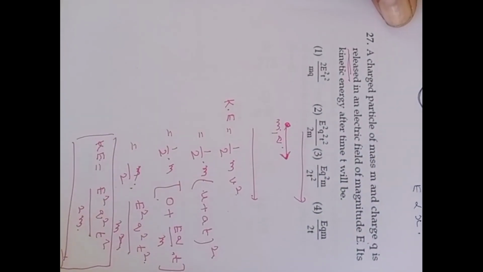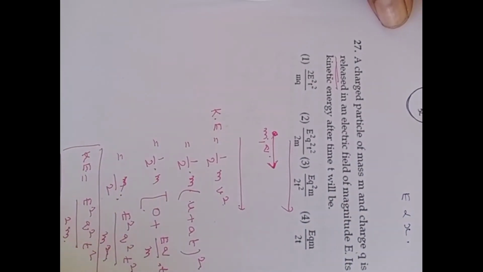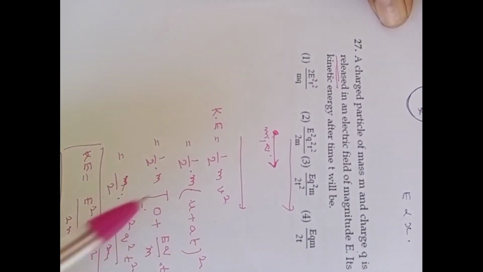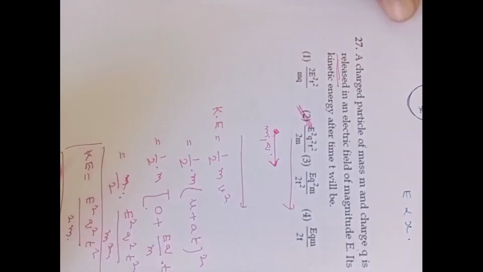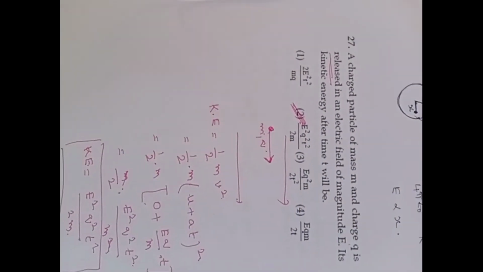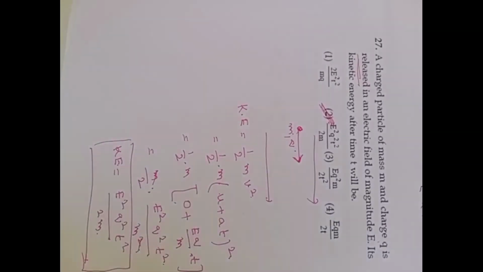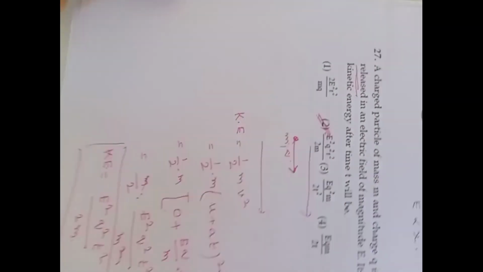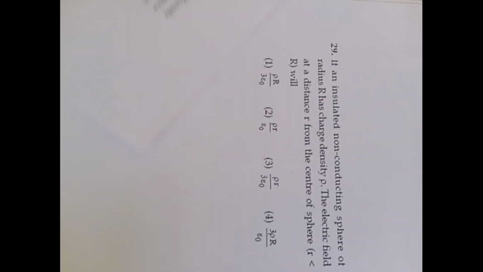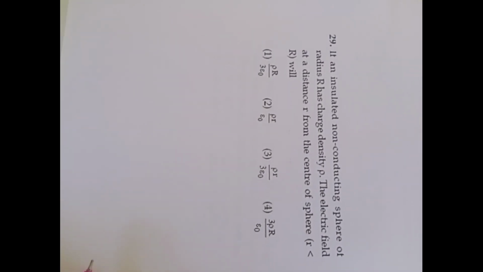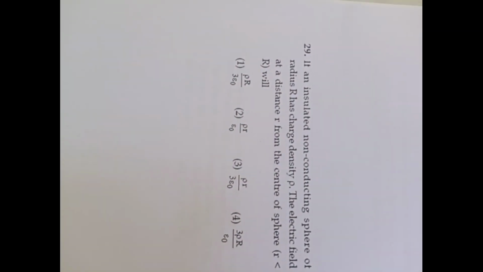So the formula for this is E square Q square T square by 2M. Clear?